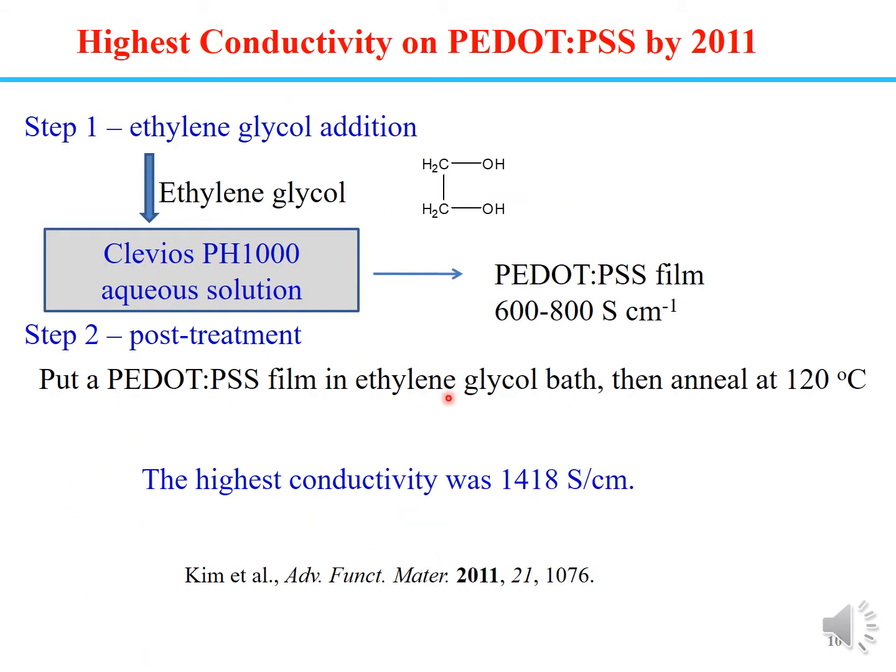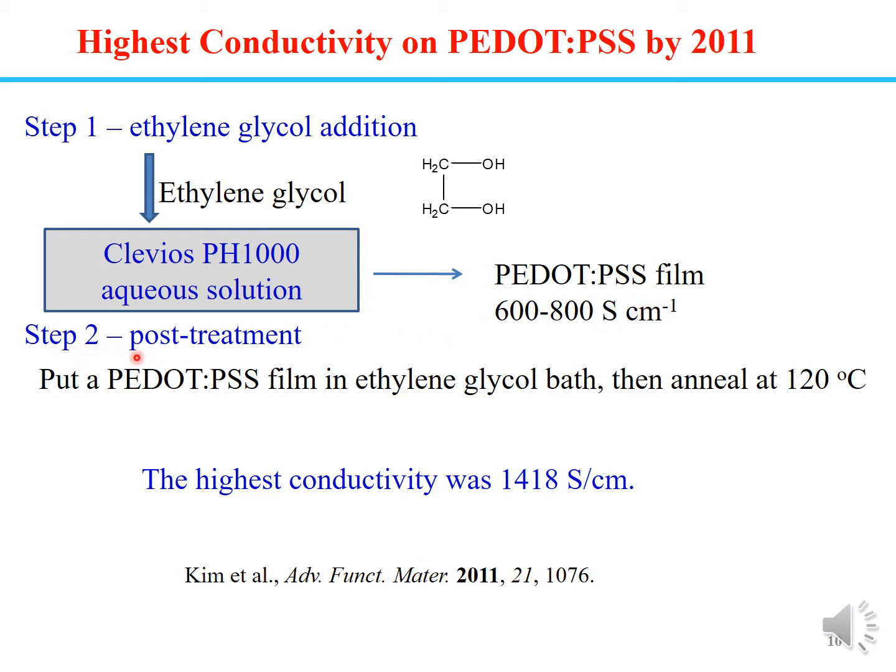In 2011, we noticed a new grade of PEDOT:PSS called Clevios PH 1000, in a work reported by Carl in Germany. They reported a two-step method. The first step is to add ethylene glycol into Clevios PH 1000. This step can increase the conductivity of PEDOT:PSS to 600 to 800 Siemens per centimeter.